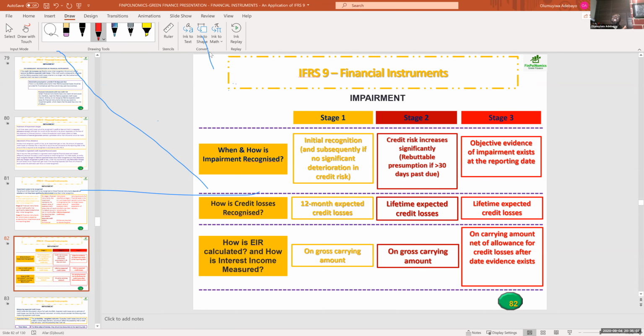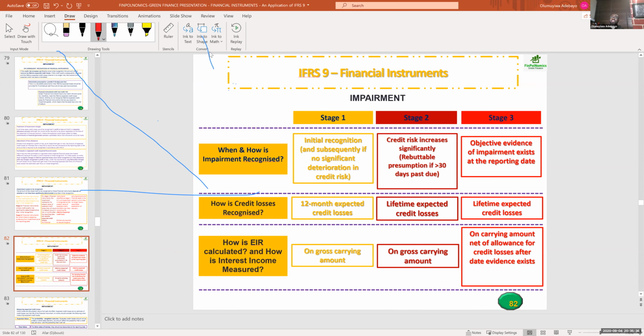Remember, initially in March, he even made the first payment because things were okay. But between April and August, the business is gone or is near death. You can't say he has moved to stage 2. No, this is from stage 1 to 3, because there's objective evidence that it's just prayer to God for us to salvage the situation.